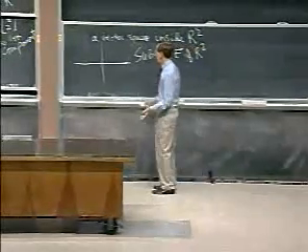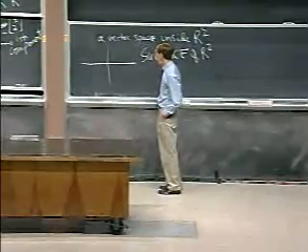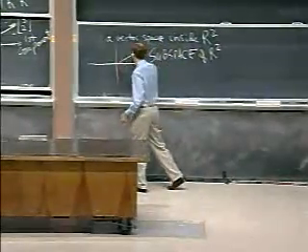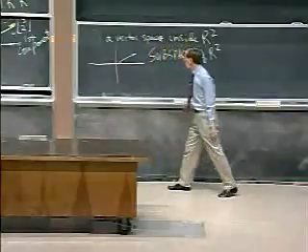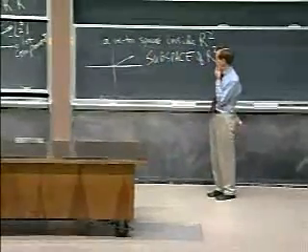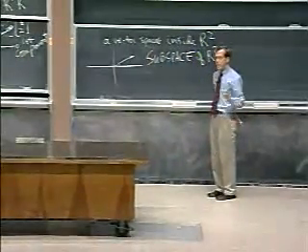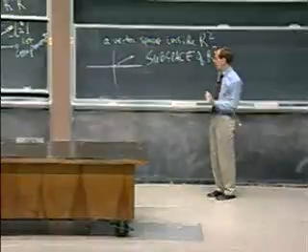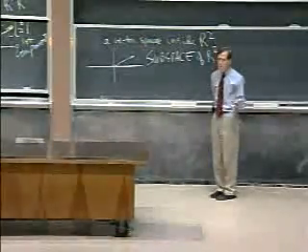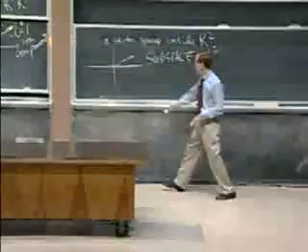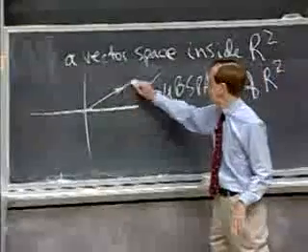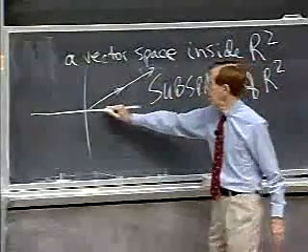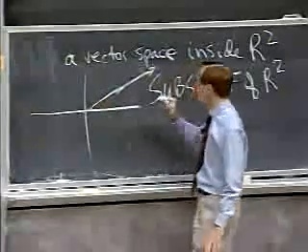It's got something in it. Suppose it's got this vector in it. If that vector is in my little subspace, and it's a true subspace, then there's got to be some more in it, right? I have to be able to multiply that by 2, and that double vector has to be included.